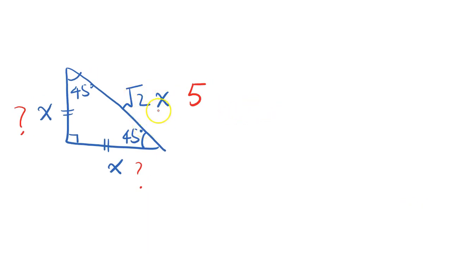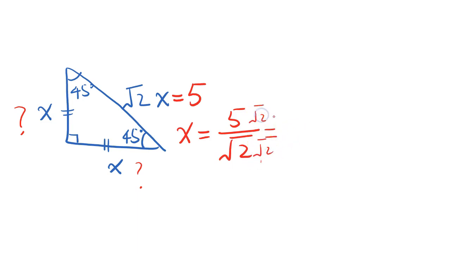Since square root of 2 x equals 5, when we solve for x, we would have 5 divided by square root of 2, and we could simplify it by multiplying square root of 2 top and bottom.